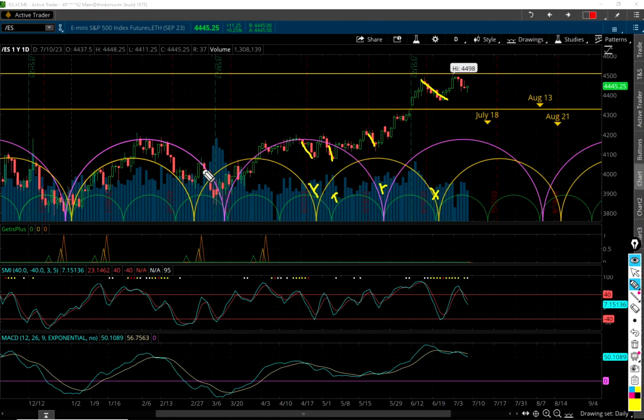And all these cycles look to be spot on. So, got 3 different cycles going on here: purple, yellow, and green. But from my observation, all of them seem to be doing pretty well. At least in recent history, they all seem to be hitting their cycle lows pretty good. So I got no reason to doubt that July 18th, approximately within a few days, should be the cycle low.